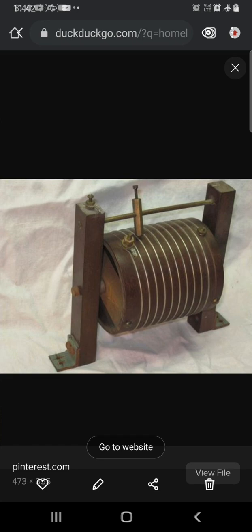On the subject of variable inductor, I think it might be a good idea to make something like this, because he's described that coil, you know, to be equal coils, one either side, and he describes the other one as 100 turns on a 1 inch form.